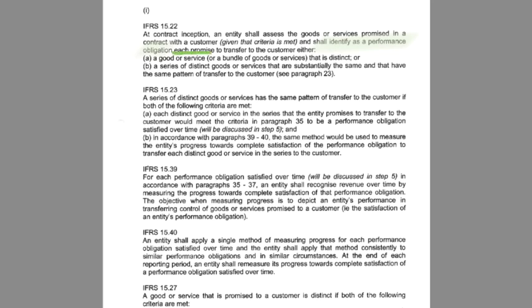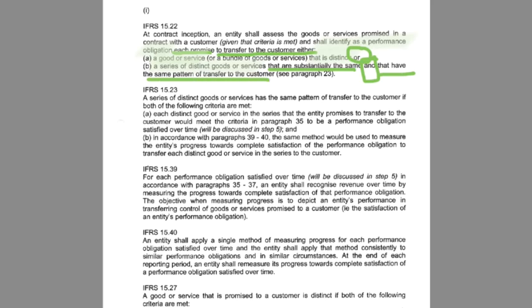each promise to transfer to the customer either, so it doesn't need to comply with both, it's either, so there's an or, either what? A good or service that is distinct or a series of distinct goods or services that are substantially the same and that have the same pattern of transfer.